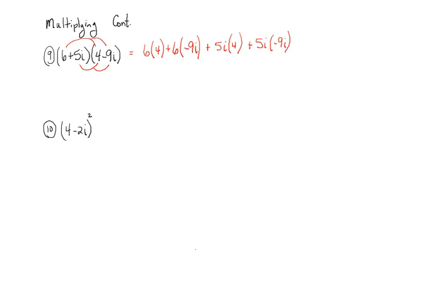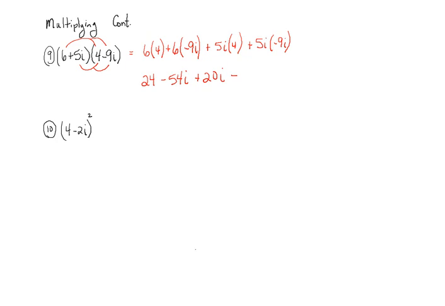So we can combine some like terms. So we have like terms here, and we will have like terms here and here, because once again we know i squared equals negative 1. So this is negative 45 times negative 1, which is a positive 45.